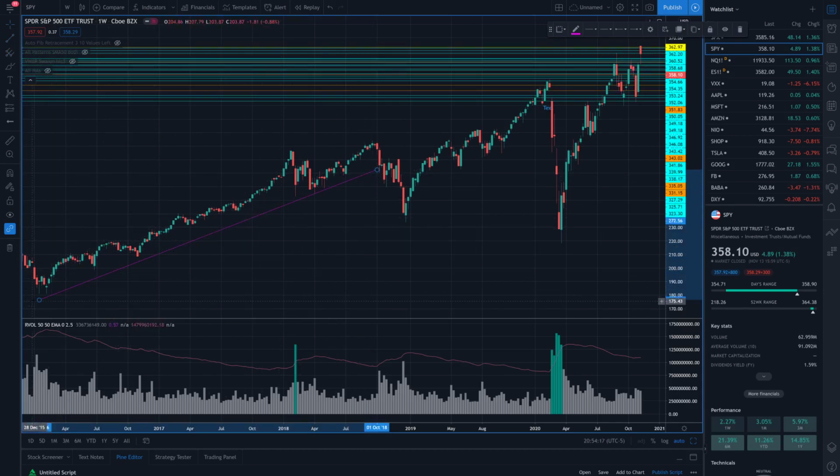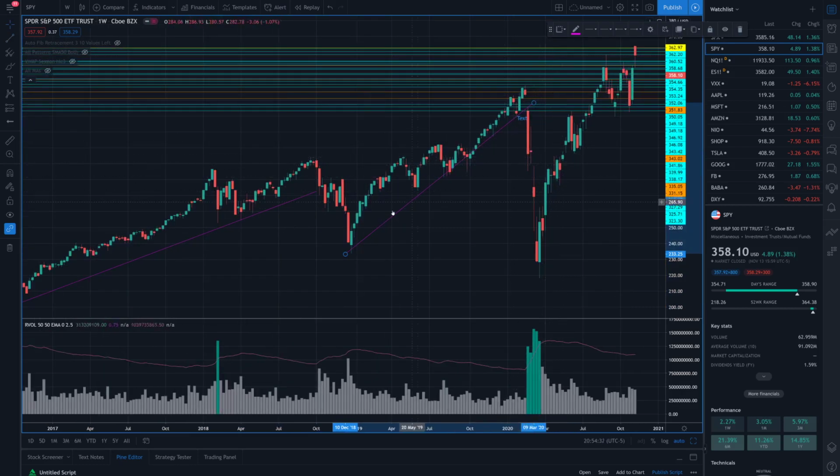It was very consistent in terms of how it was moving all of that time. There was a slight pullback in 2018, it looks like. And then after that was over, it started going up again. And after it started going up again, then the pandemic hit and we fell, right?